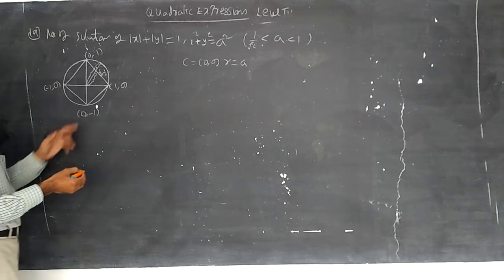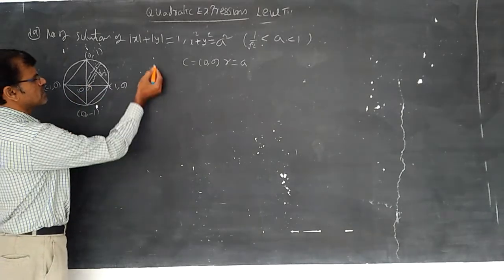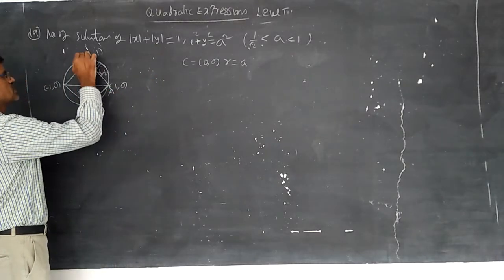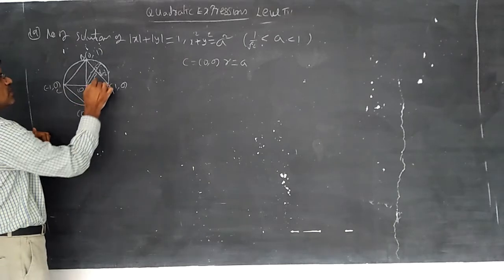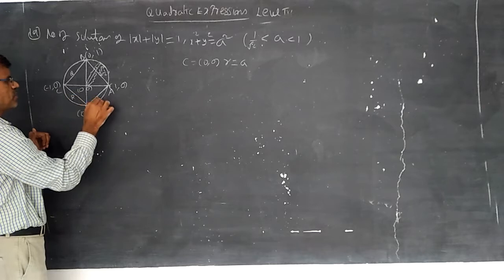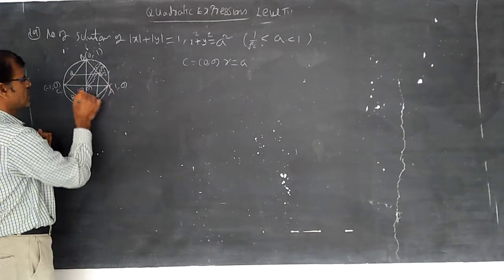So how many circles can we draw? Now you can understand that the center is (0, 0). Put A, B, C, D here, and P, Q, R, S are the midpoints. Draw the midpoints P, Q, R, S.